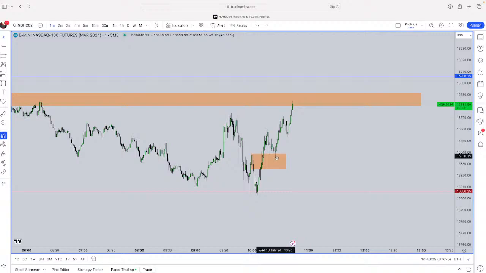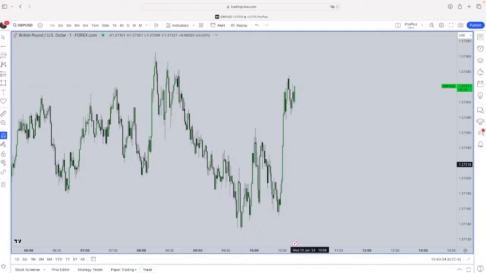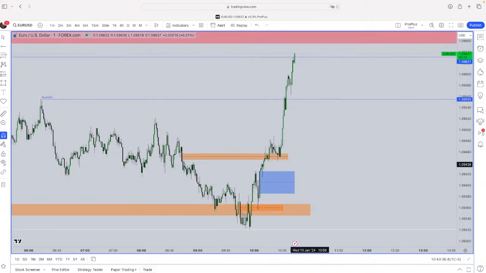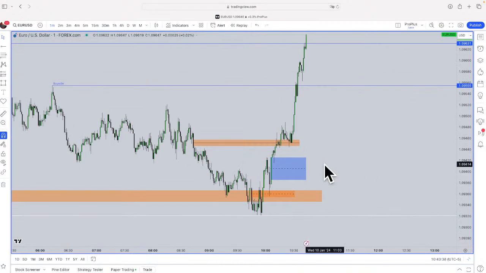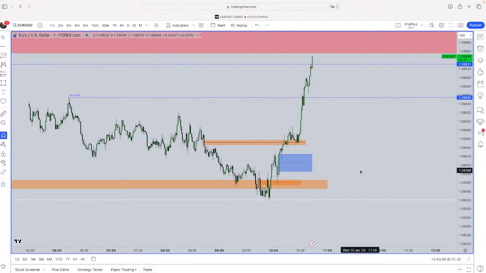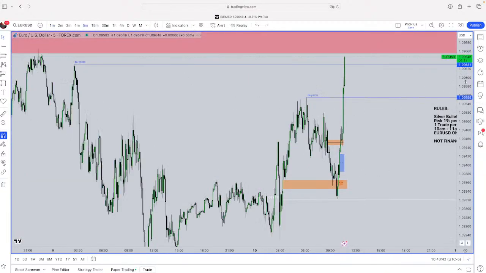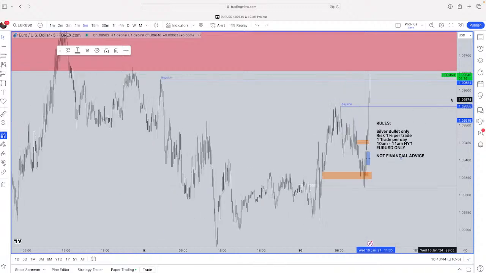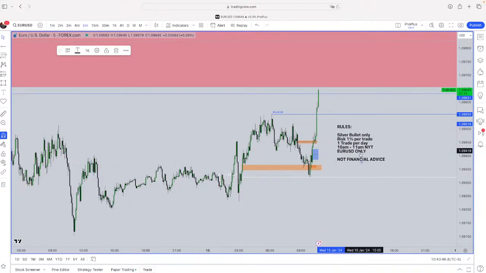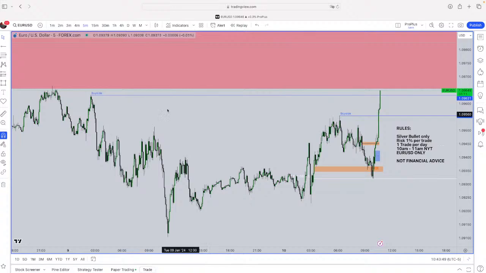That's something I would like to look for on Euro, which probably literally just happened today. But with my bias, I was still 50-50. So buy side up here and back into the daily SIBI would be the next draw.